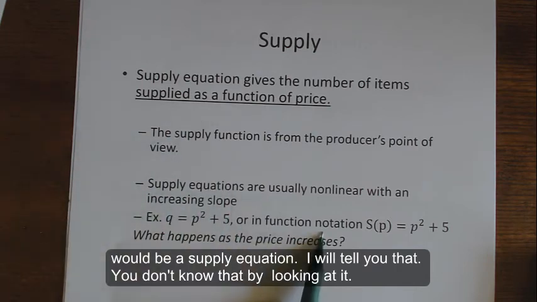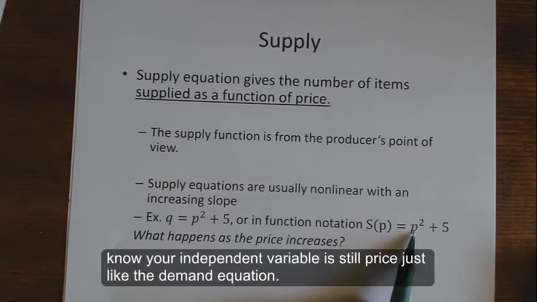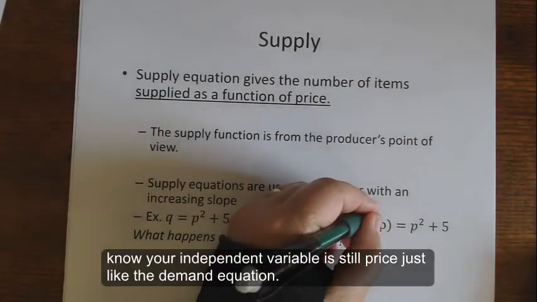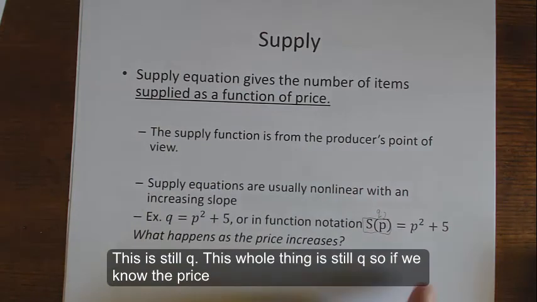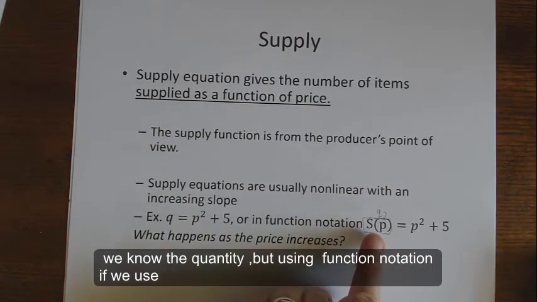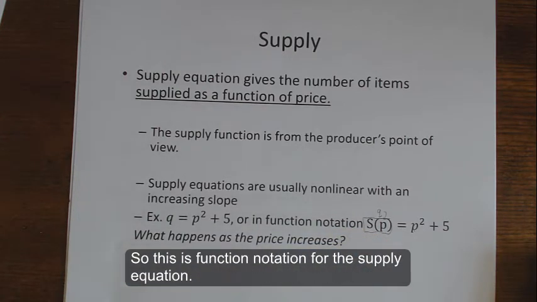But that's why function notation is so helpful, because if you write it in function notation, you know your independent variable is still price, just like the demand equation. This whole thing is still Q. So if we know the price, we know the quantity. But in function notation, if we use the letter S, we name this function the supply, the quantity of supply, when we know P. So this is function notation for the supply equation.